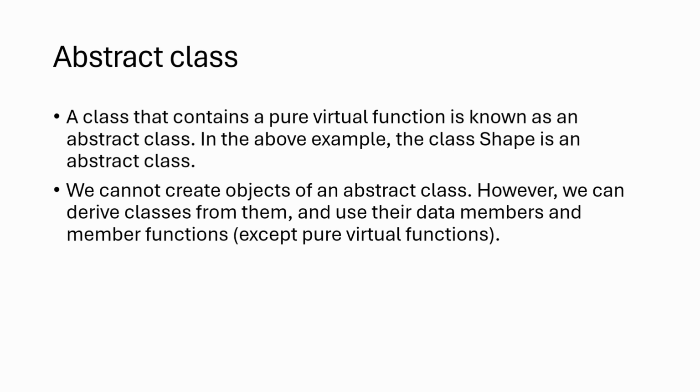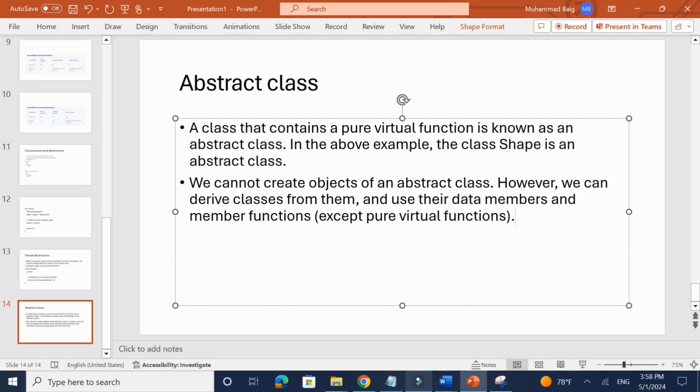There is one distinction here. There is a pure abstract class and an abstract class. A class that has all pure virtual functions, virtual functions equals 0, if that's all it's got, it's called a pure abstract class. And a class that has at least one pure virtual function is called an abstract class. So memorize the difference between the two.